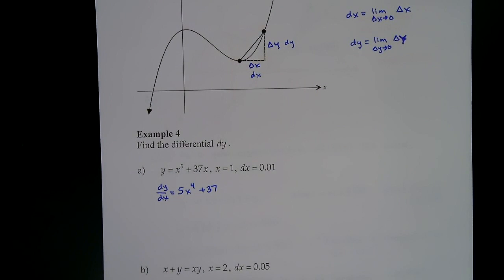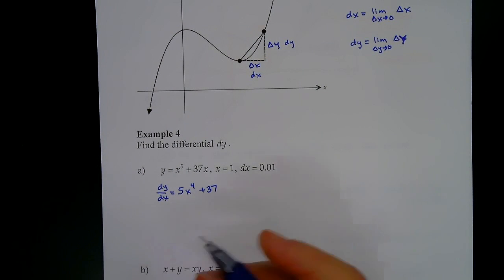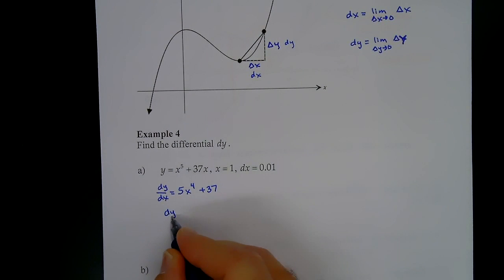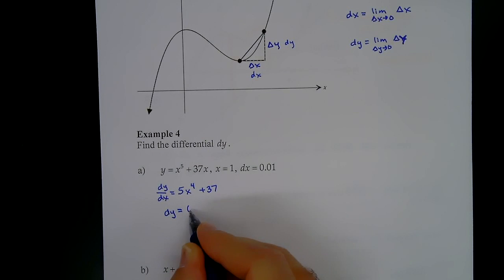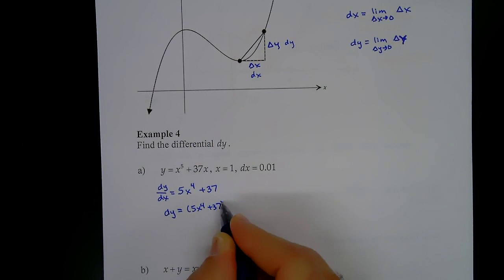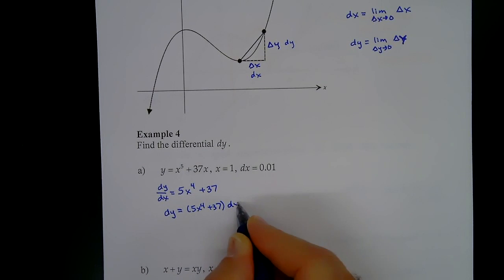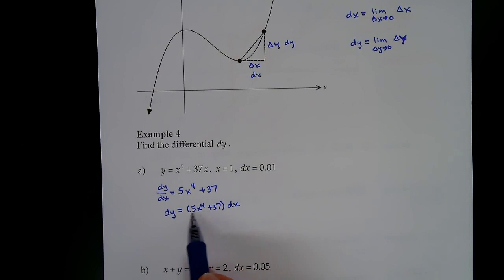You multiply both sides by dx. It's as simple as that. And dy is equal to 5x to the 4th plus 37 times your dx. You need to have the parentheses around the 5x to the 4th plus 37.